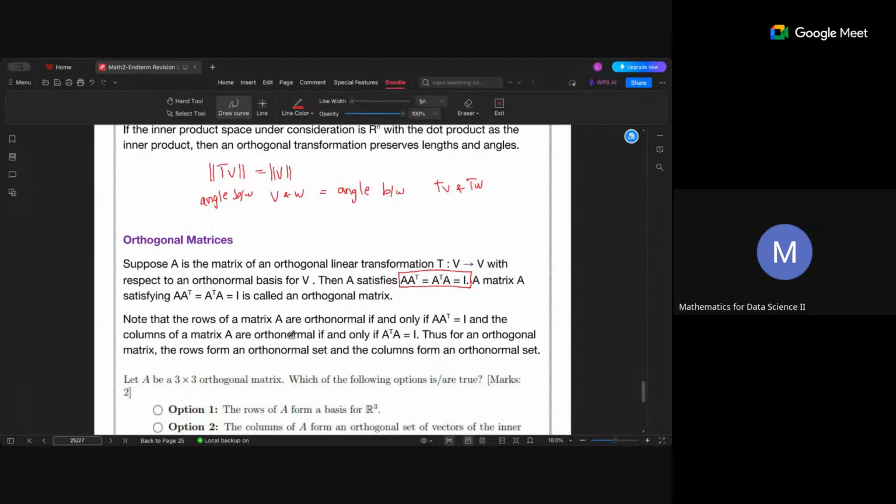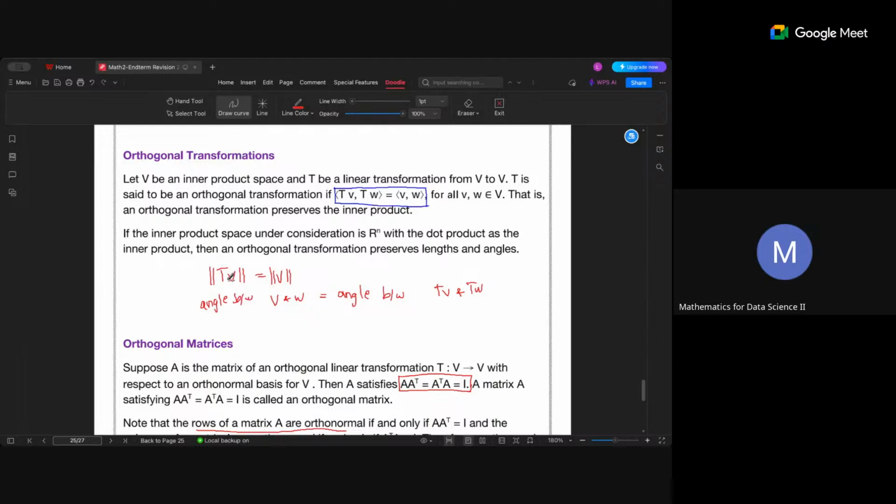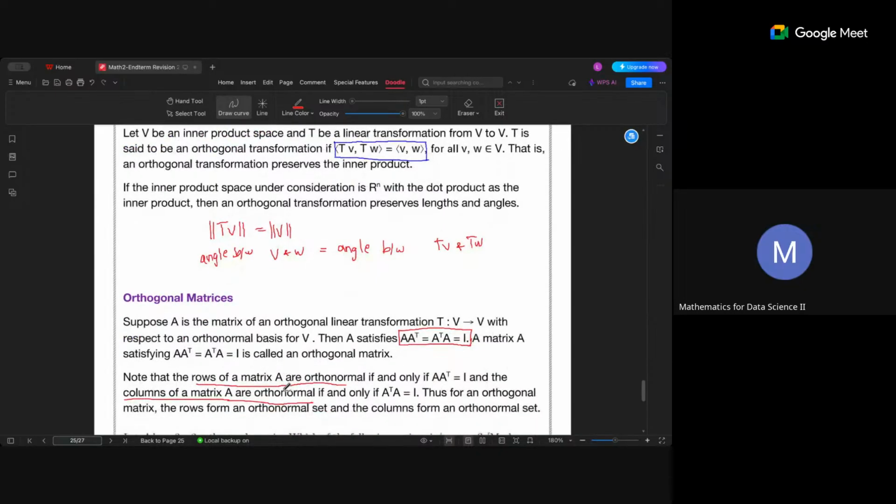When you consider the rows or columns of the matrix, the rows are orthonormal and the columns are also orthonormal. Only when both the rows and the columns are orthonormal is the matrix orthogonal. If only one condition is satisfied, it cannot be orthogonal. Both conditions are required. So regarding orthogonal transformations, the norms are preserved, the angles are preserved, and the matrix representation has orthonormal rows and columns.